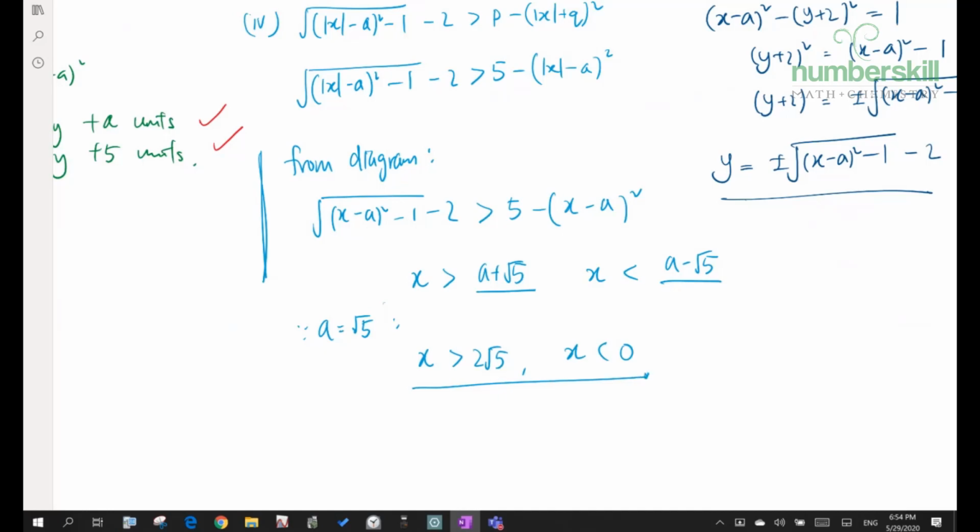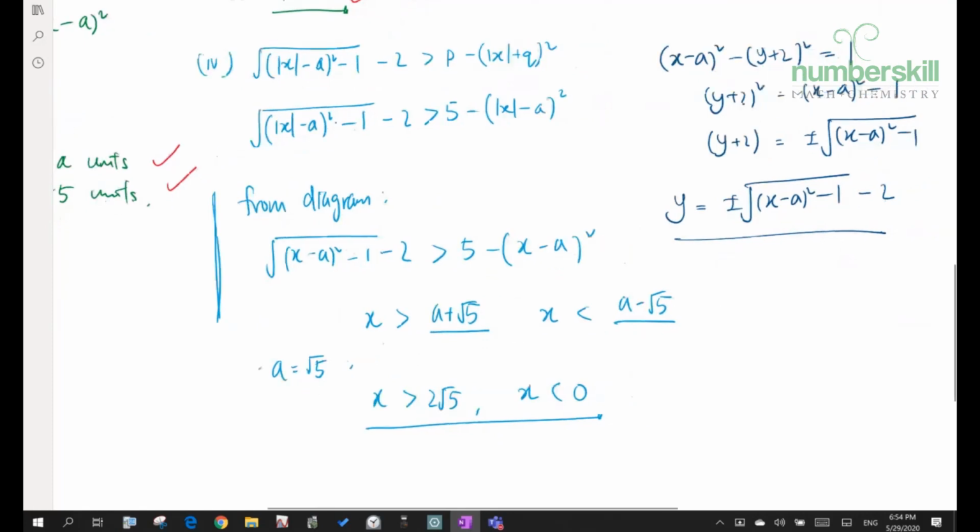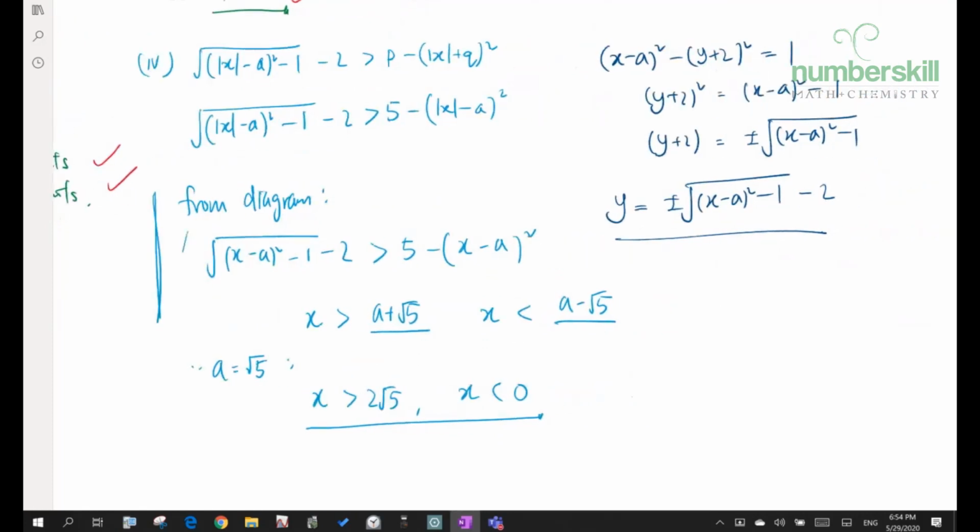Meaning to say, just by studying the diagram that I drew out earlier on, I am able to solve this inequality. I identified that this is part of the hyperbola, this is the quadratic, and where it is more than is just the x-intercept, and I already got the x-intercept. I just had to put in the a value and I got this. This is the answer to this inequality. Clear so far? Now, this is the answer to this inequality, but wait.